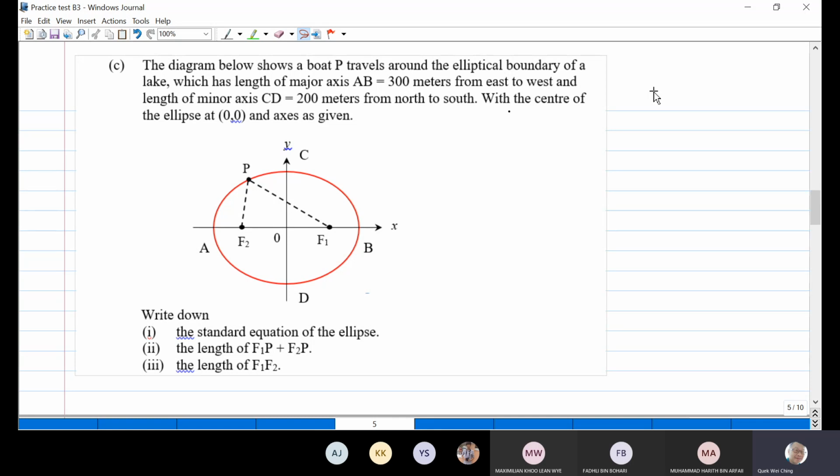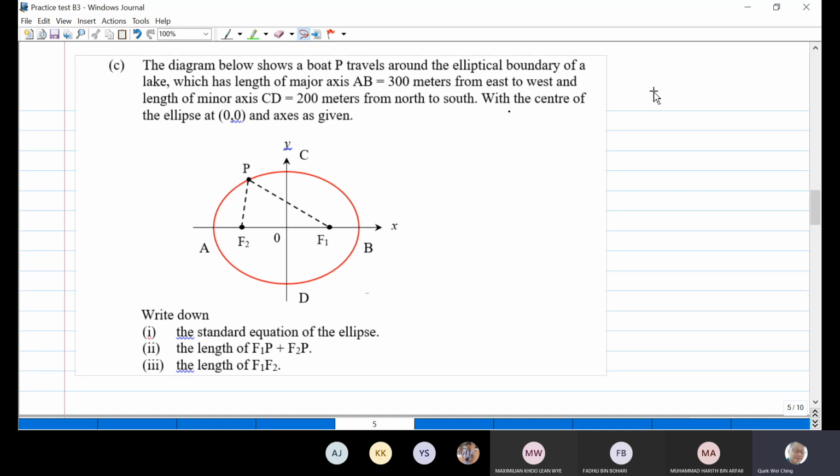Okay, major axis 300 meter here from A to B, which is from east to west. And the length of minor axis 200 there. CD, right? From north to south. With the center origin. Write down a few things, okay?